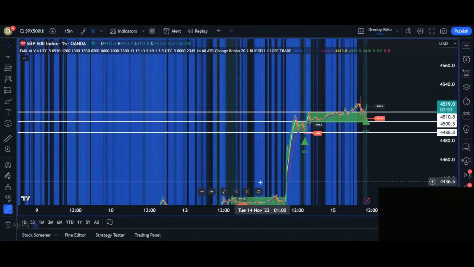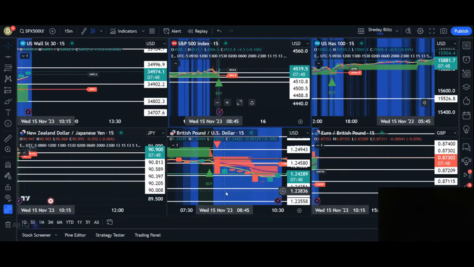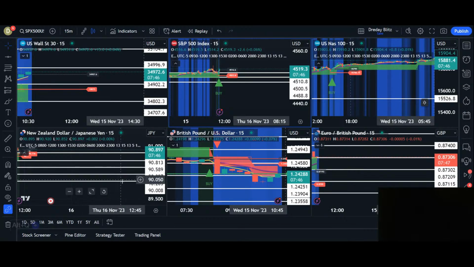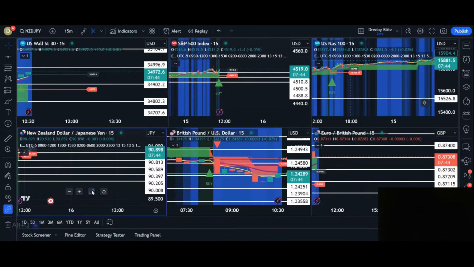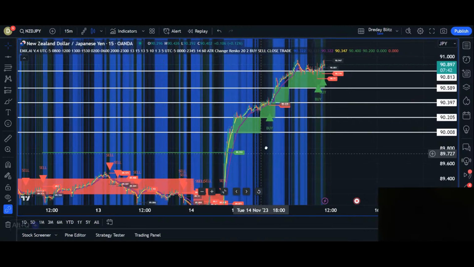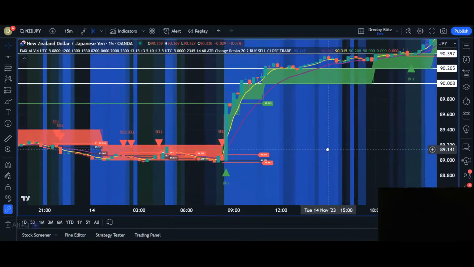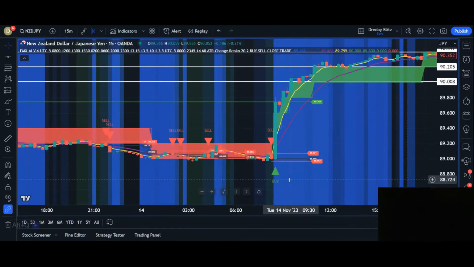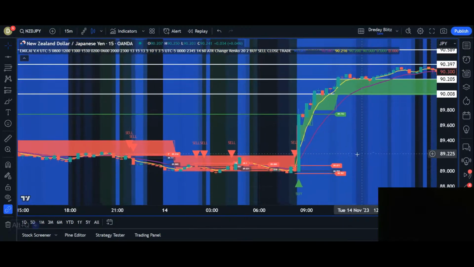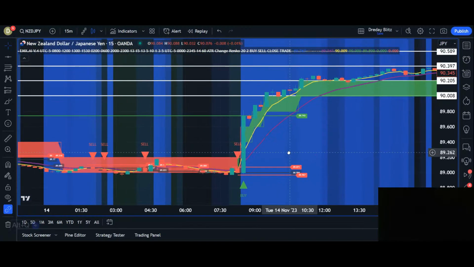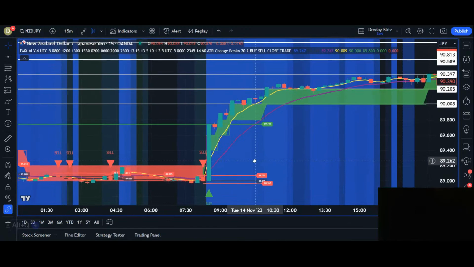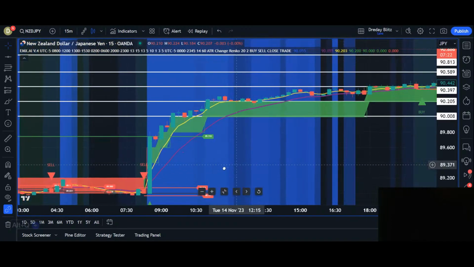So let us go back on NZD JPY and see the last time that it was giving you a bullish sentiment, and that was yesterday at 8:45. This is when it switched to a bullish market.